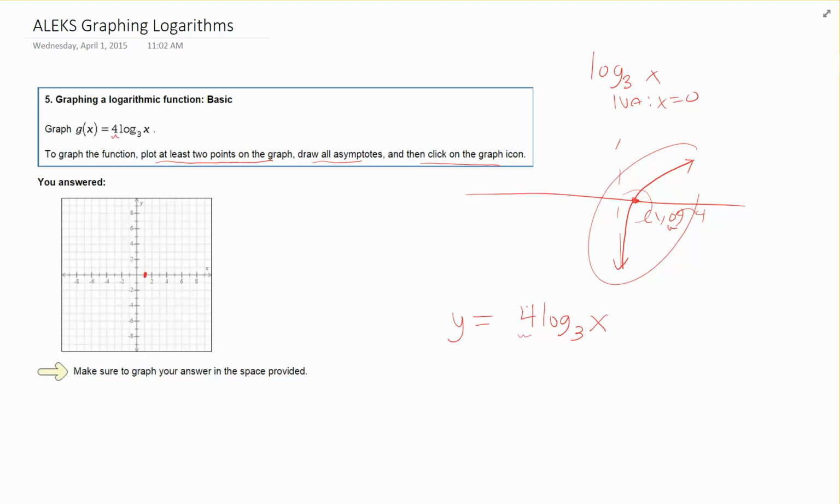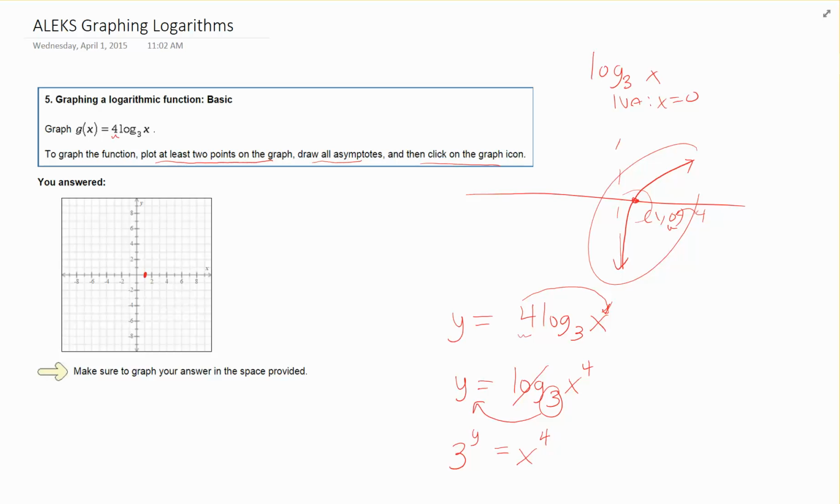So we learned properties of logs allow us to take coefficients and they come up as exponents. So y equals log base 3 of x to the 4th. So then I would do exponential form. Get rid of the log, start with the base of the log, 3, cross over to your power, y. So 3 to the y equals x to the 4th.